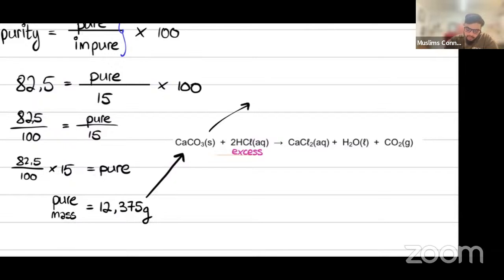Always I want to convert it to moles using this formula: small m over big M, which is equal to 12.375 divided by the molar mass of CaCO3. Is it 100?